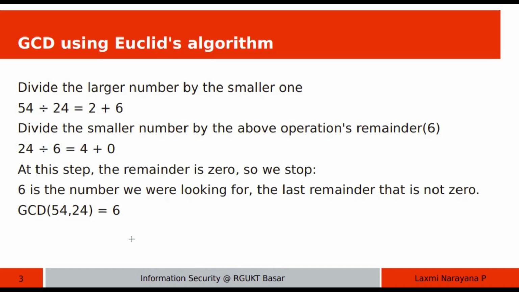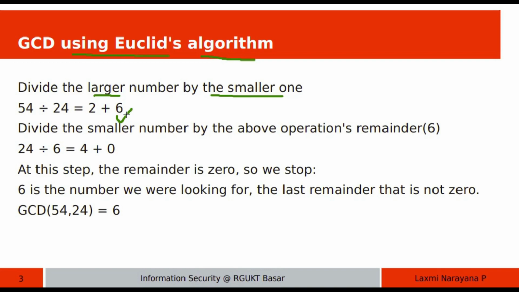We can calculate the GCD of two numbers easily by using the Euclidean algorithm. Divide the larger number by the smaller number. If we divide 54 by 24, then we will get remainder 6.